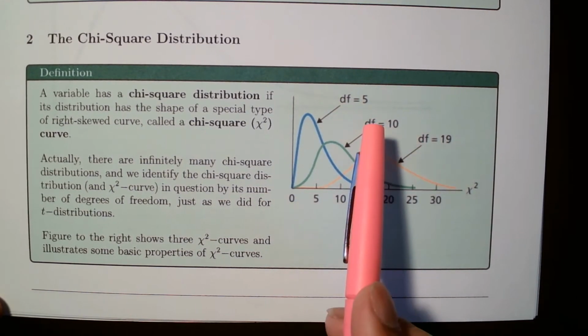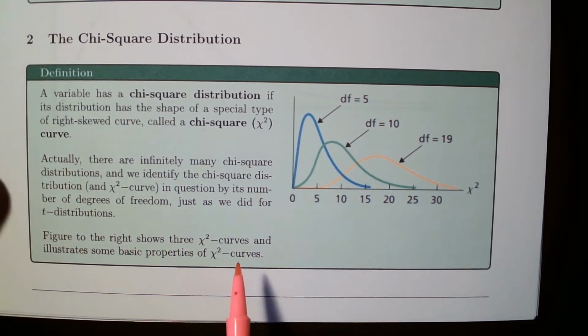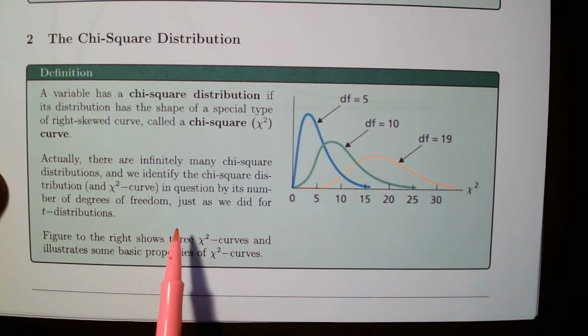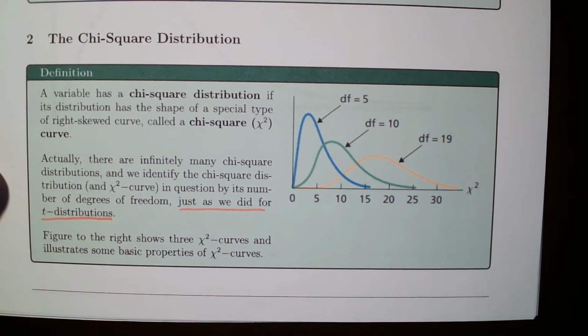Keep in mind that degrees of freedom come from the sample size that we take. We use degrees of freedom just the same way we did for the t-distribution.